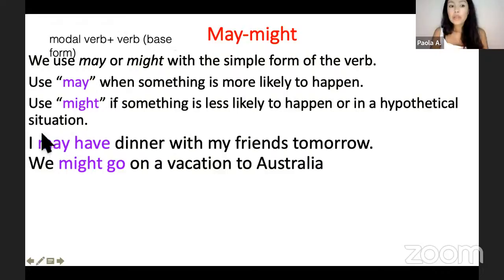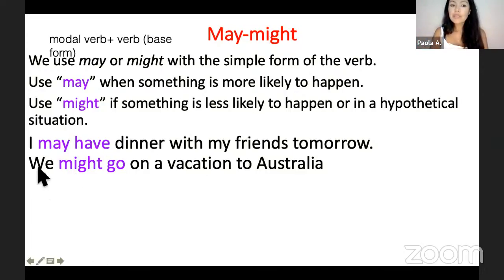So when I say, I may have dinner with friends tomorrow, I'm saying that it's possible that this will happen, but it's not 100% certain.